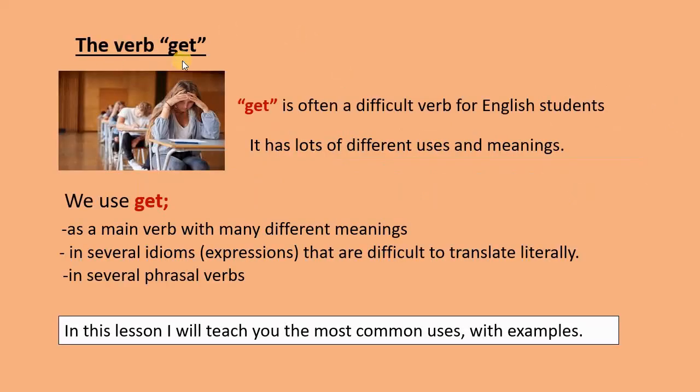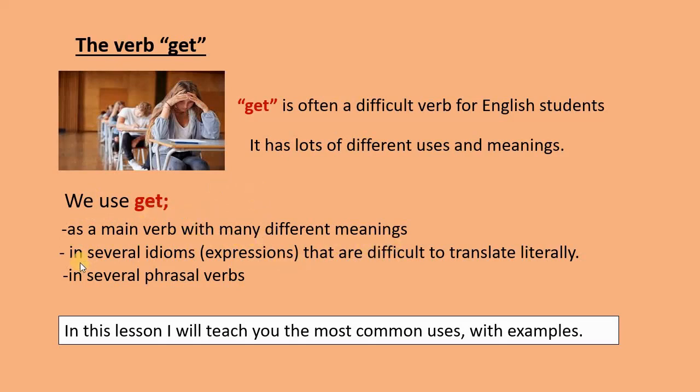So the verb get. Well, get is often a difficult verb for English students. It has lots of different uses and meanings. So, for example, we can use get as a main verb with many different meanings.